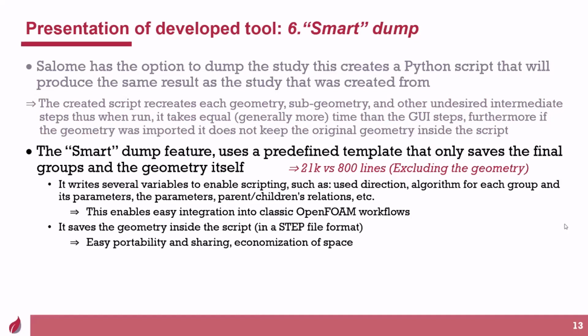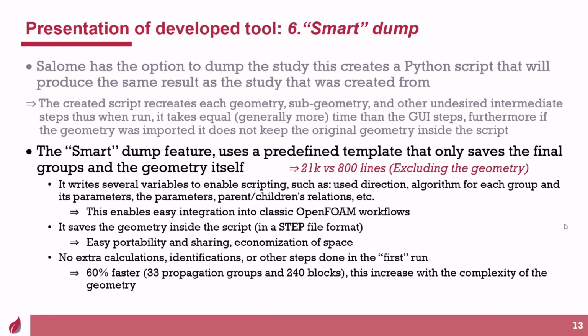It's going to save also the geometry inside the script in a step file format. So it's going to be way smaller than saving the complete geometry. This is going to enable us to save space and be able to port everything and share the project. And there's not going to be any calculation in the second run of the script, as the calculations were done the first time when running the script.